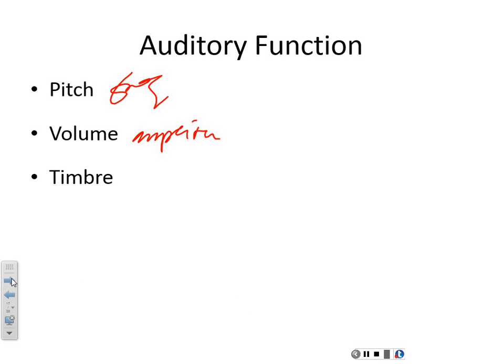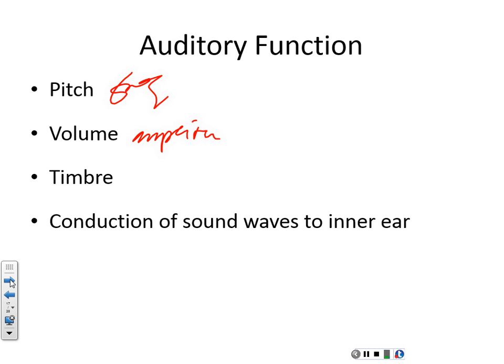And then timbre, what is timbre? Resonant qualities of sound. It kind of gives tone to it, kind of involves the sinuses and how the sound resonates in the sinuses and gives quality to sound. So gotta be able to define those things. These are perfect terms to be sprinkled in the definitions, right?